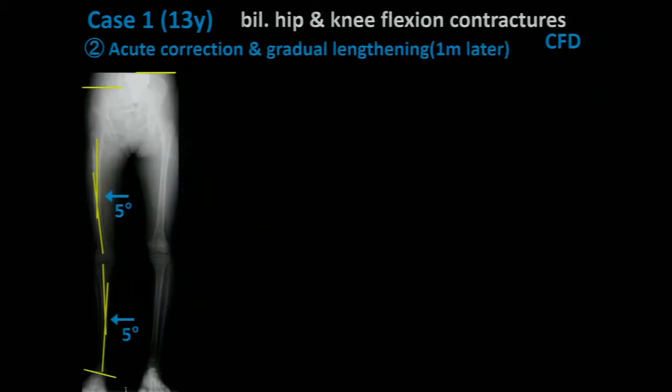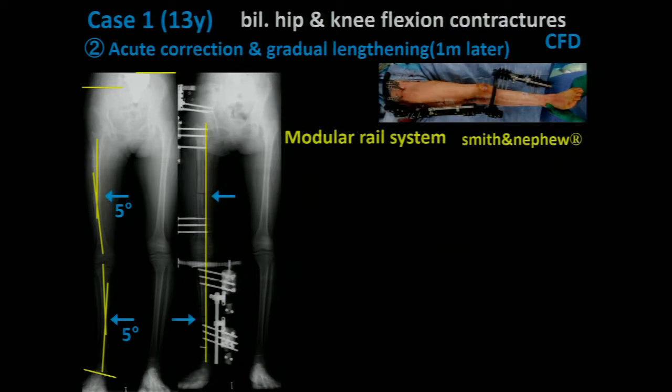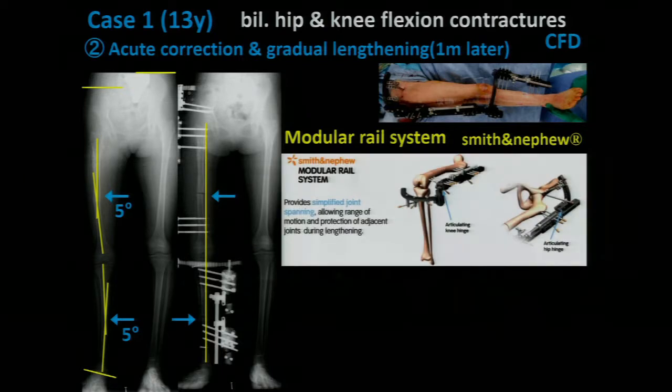One month later, acute correction and gradual lengthening were performed. I used the modular rail hip system for this patient. This device is available only in one facility in Japan.